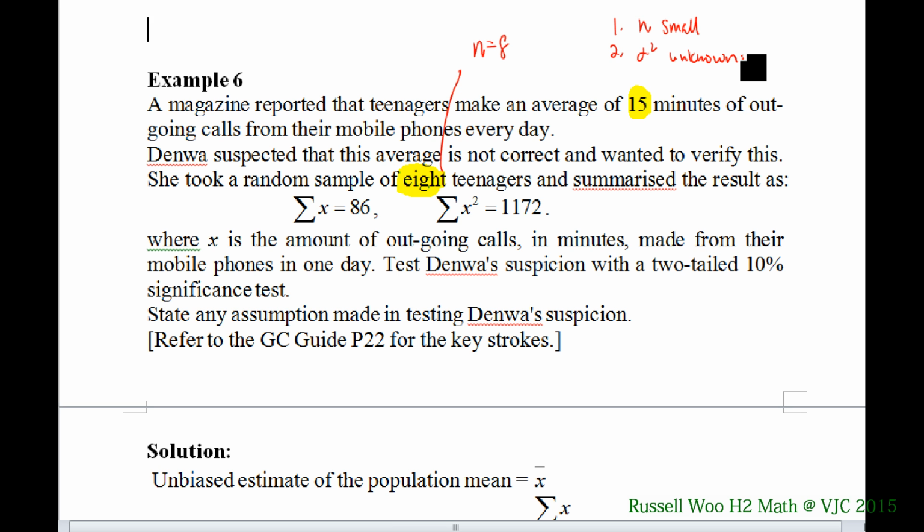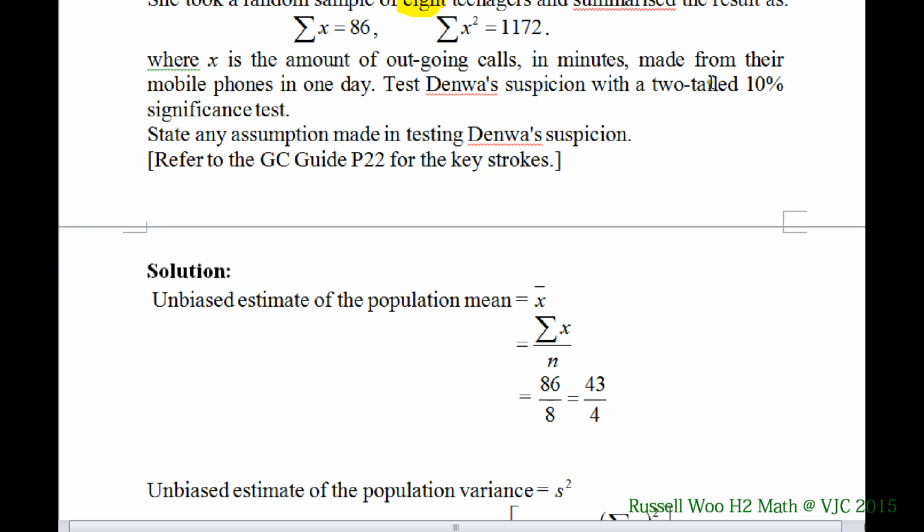Then you read further, there is this question: state any assumption made in testing Denwa's suspicion. Your assumption must be x must be normally distributed. Follow.